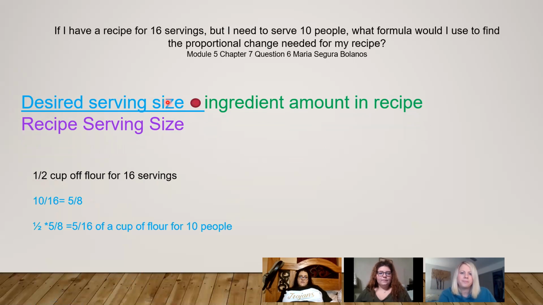My desired serving size is going to be 10, because I want to serve 10 people. I'm going to put that on the top. The recipe gives you 16 servings. So 10 divided by 16 is going to come out to 5/8. Then I'm going to multiply that by half a cup, because the recipe says half a cup gives us 16 servings. And that's going to bring us down to 5/16 of a cup of flour for a recipe for 10 people. Okay, that makes sense. Perfect.